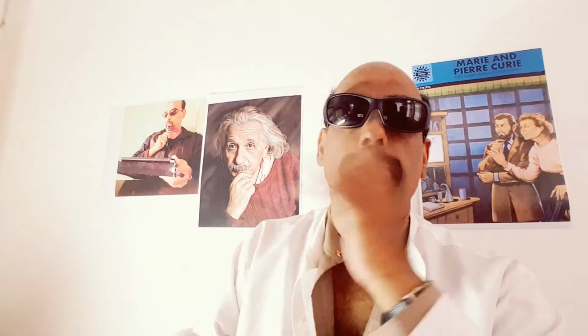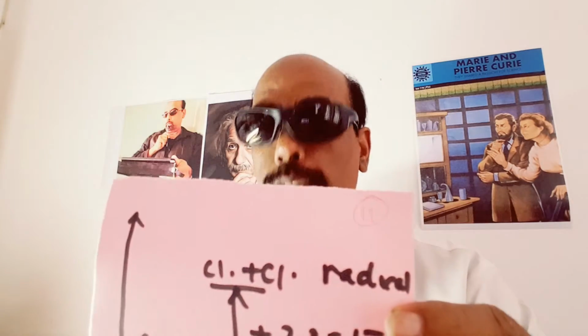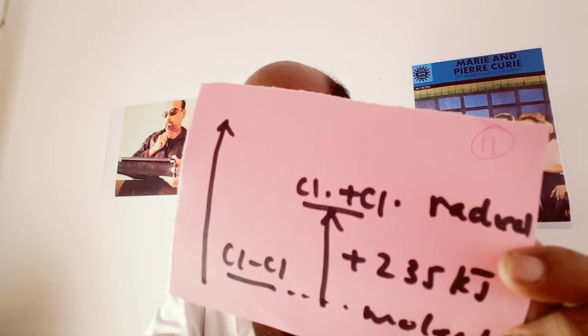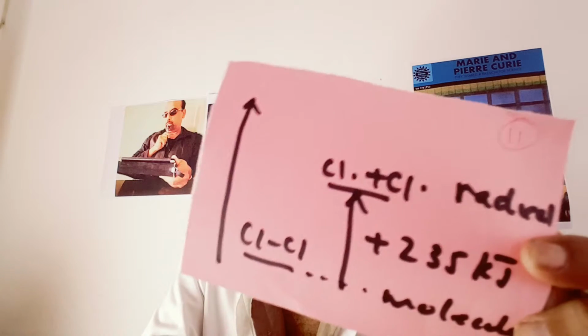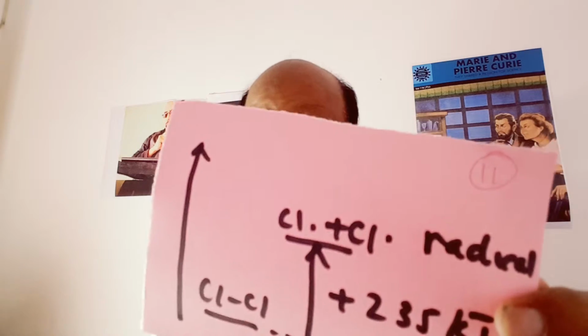Chlorine also absorbs energy, 235 kilojoules, to form chlorine radicals, which are more energetic, more reactive, more destructive.